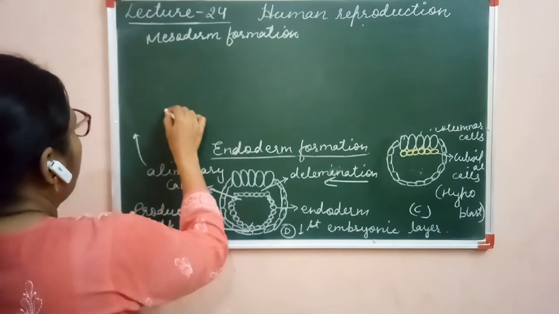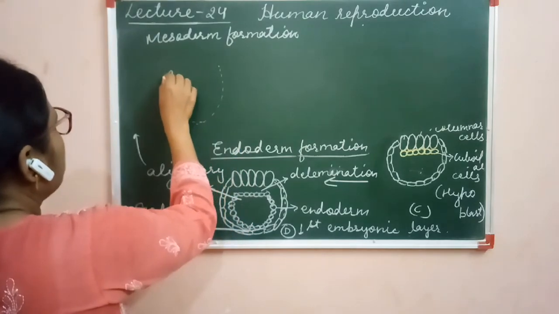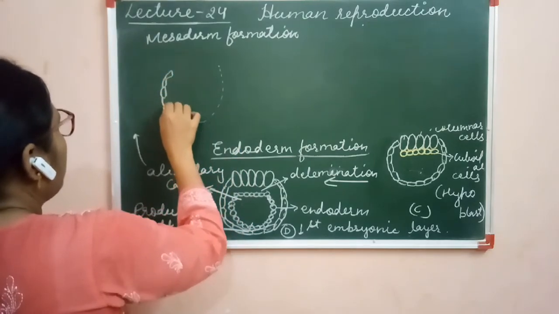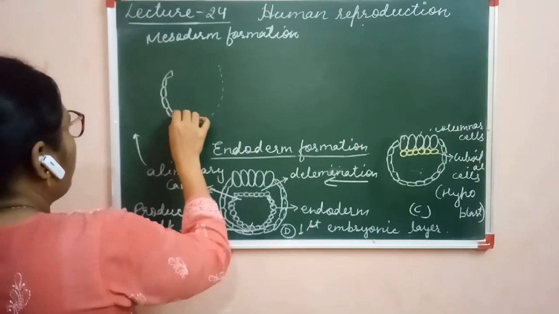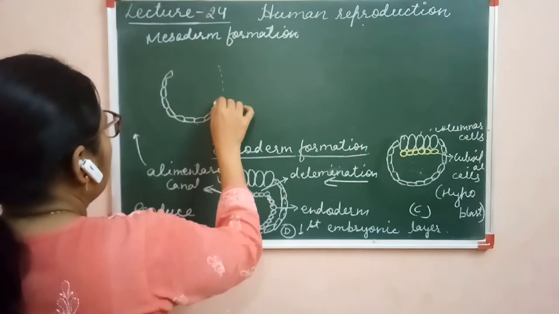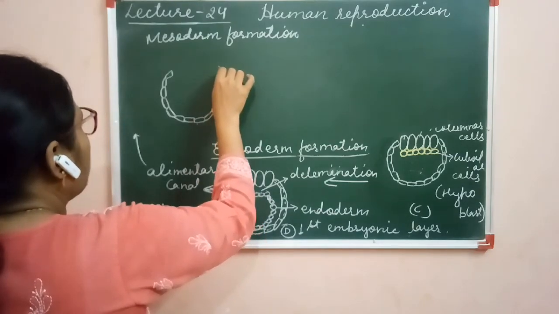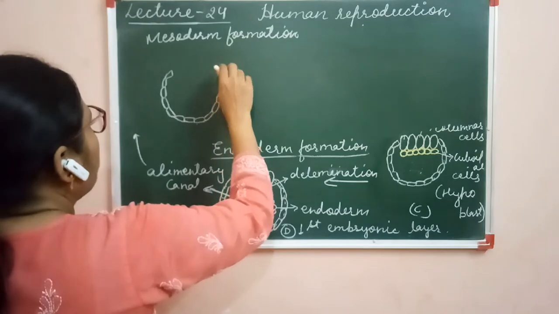This is again the trophoblast. So this is the trophoblast layer or the trophoectoderm which is in contact, and one more layer called endoderm has been formed.